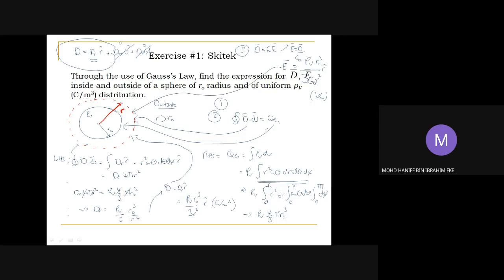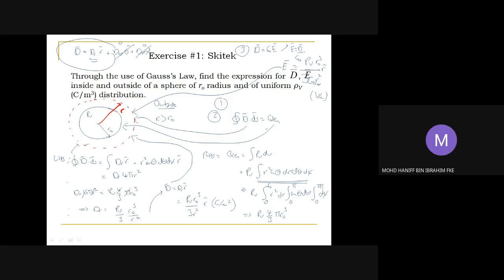At any point having a radius of r from the center of the sphere. And this equation is only valid for a value of a radius bigger than r naught. So we have two distinct equations.